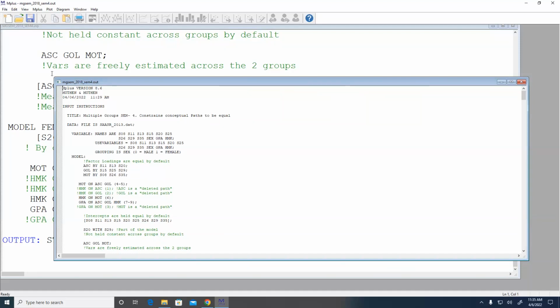Okay. So plus the variance for girls times the sample size for girls minus one.